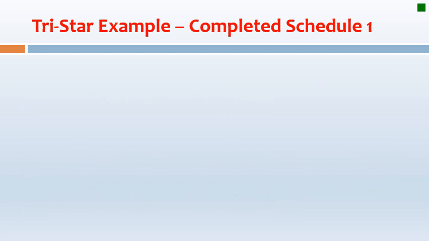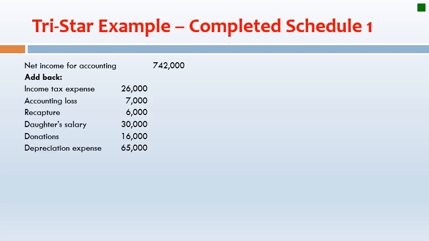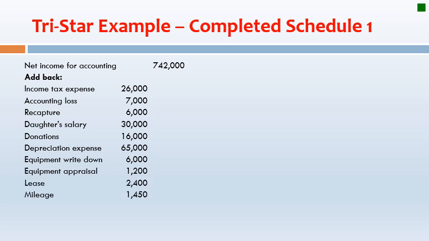All right, let's bring it all together here. We're going to do an entire T2 Schedule 1 for TriStar. So what we do is start with net income for accounting purposes that we were given at the very beginning of 742. Then we're going to do all of our add backs: income tax, accounting loss, the recapture, the salary, donations, depreciation, the write-down, the appraisal, lease, the mileage, the conference fees, and ultimately 80% of the financing fees.